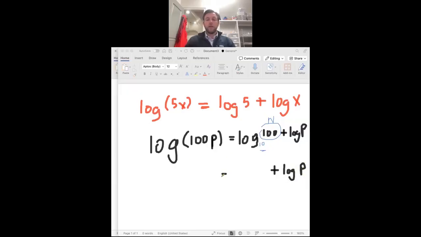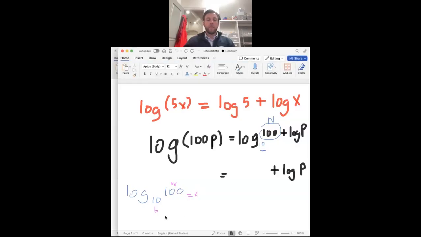But over here, with the log of 100, how would we do that? Well, you got to maybe come over to the side here and translate this. How do we translate? Remember the translation. So log base 10 of 100 is equal to something. That's the base, that's the exponent, and that's the number.